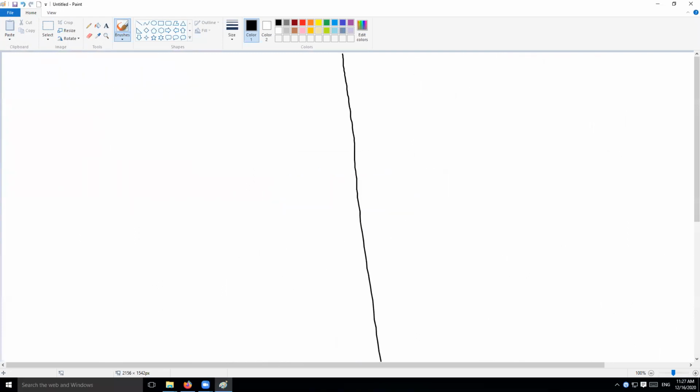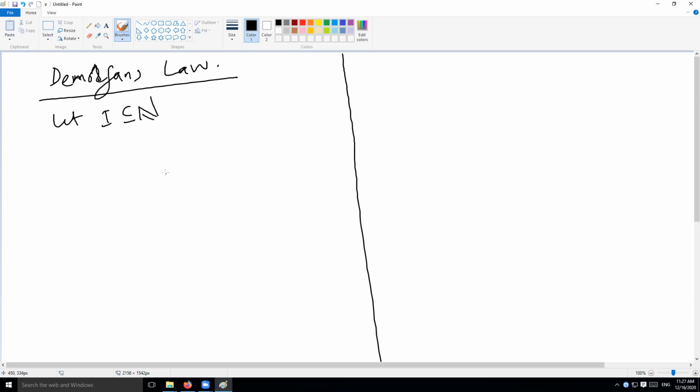So let's prove the generalized De Morgan's law. What should be the general De Morgan law? Imagine you have an indexing set I, a subset of natural numbers, could be any indexing set.